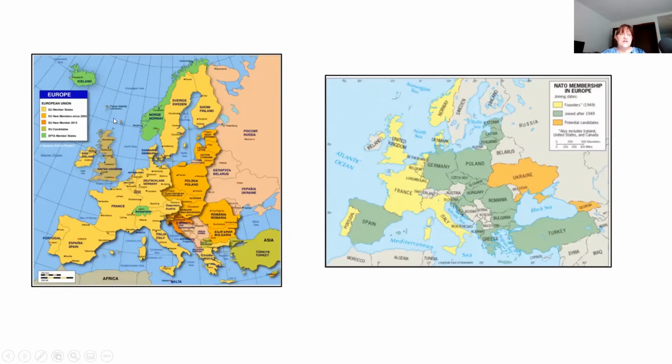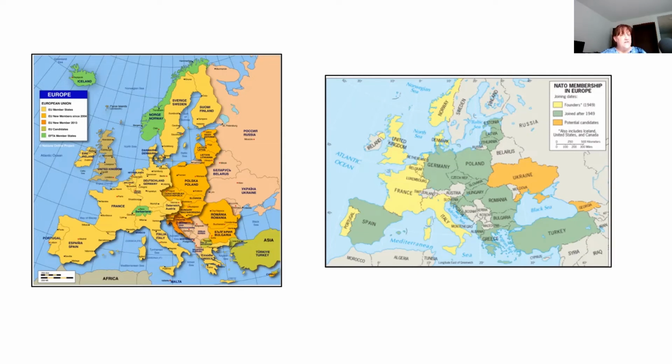Now, on your left is the European Union on the screen. So there are conditions that have to be met before a country can join the European Union. First, they have to have a stable democracy. They have to have good human rights and protections for minorities.